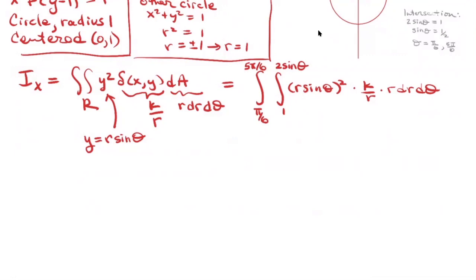Okay, going on. I'm going to do a little bit more simplification before we begin. Let's put the k outside, and we double integral. Maybe a little more space.